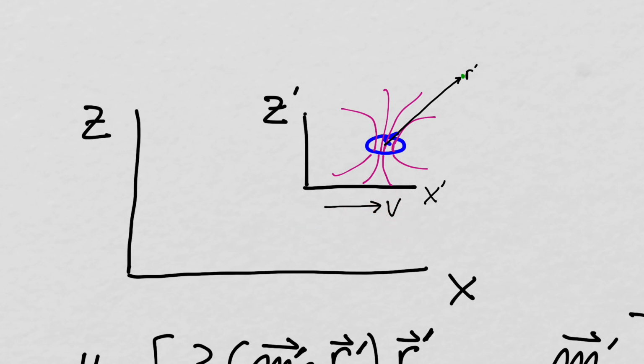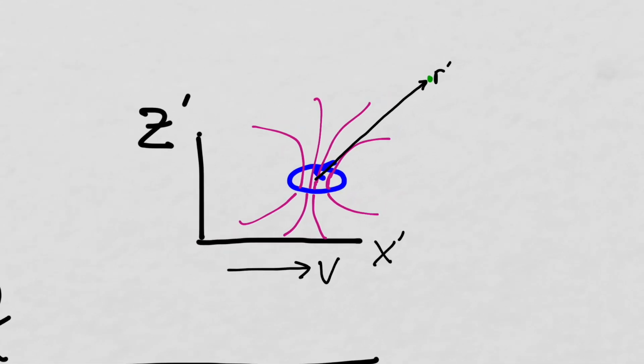The unprimed frame is the lab frame, in which I always put a little person. The lab frame is moving at speed minus v relative to the prime frame. So the magnetic dipole is motionless in the prime frame. It's also centered at the origin in the prime frame. I haven't drawn it that way, but it is centered at the origin.